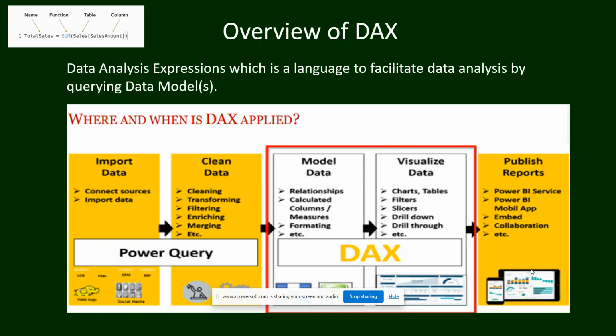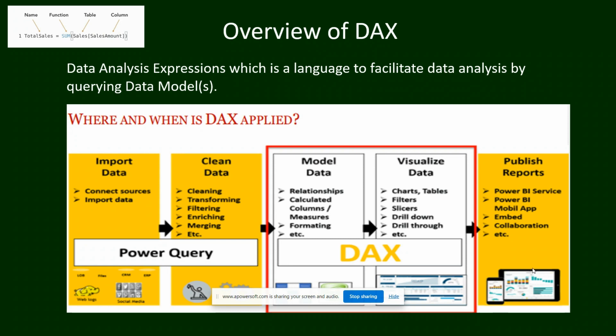Modeling the data is nothing but how you relate the data and how you calculate the measures, whether you calculate as a summary over the whole table, or you calculate the value row by row through iteration, instead of aggregation.